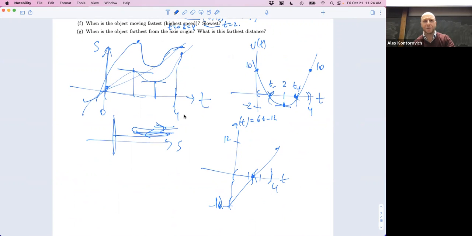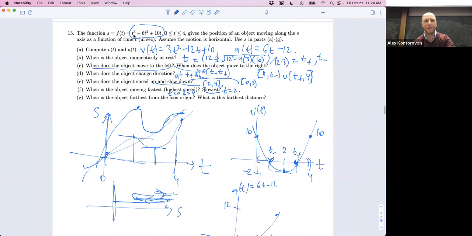My guess is it's at t equals 4. Let's just see for a second. If I put in t equals 4, do I really want to do this? 64 minus 6 times 16. I can't do this in my head. Plus 40. This is some number. Then at this value we get some number, and at t plus and t minus we get some number, and then when t is equal to 0, it's at 0.